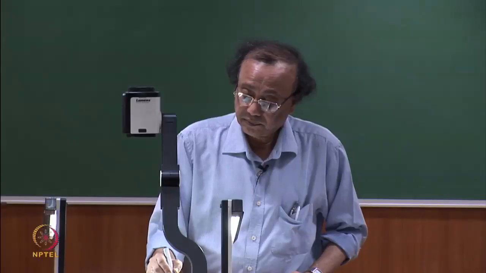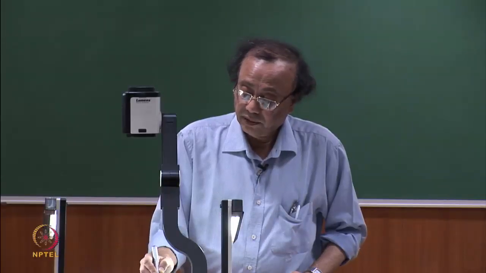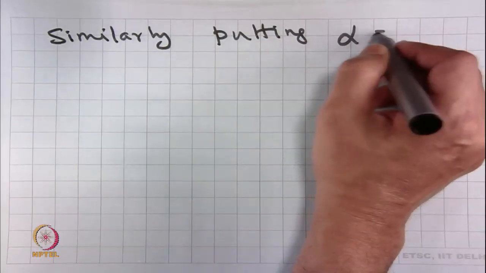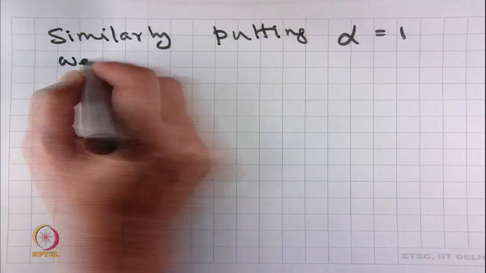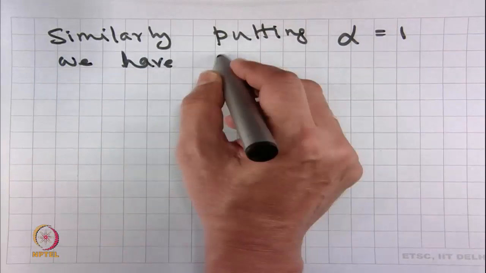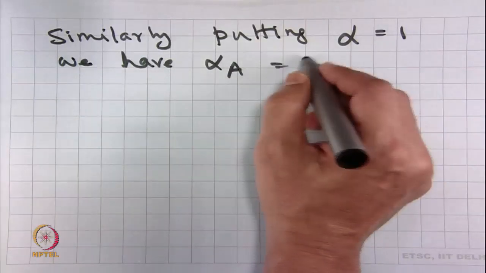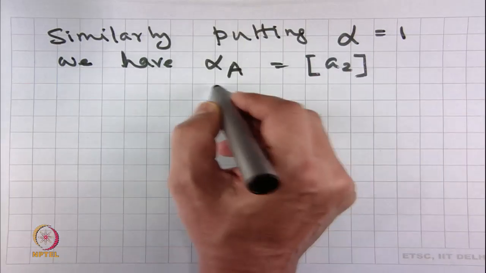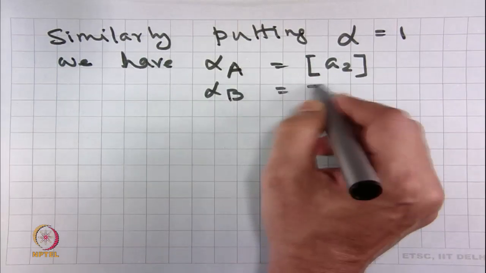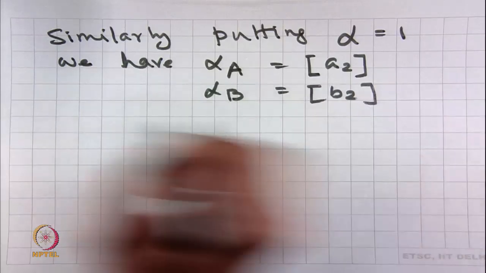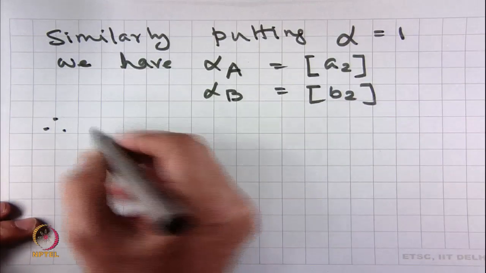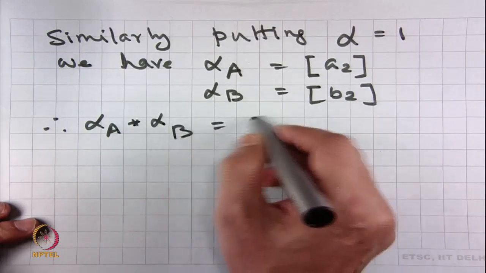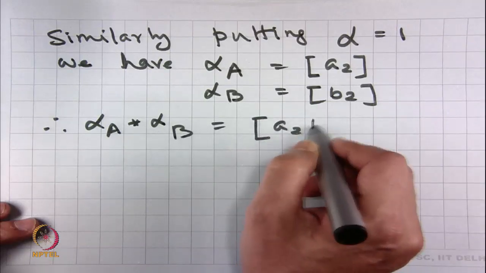Similarly, putting alpha is equal to 1, we have alpha cut of A is equal to singleton A2 and alpha cut of B is equal to singleton B2. Therefore, alpha cut of A star alpha cut of B is equal to the singleton A2 B2.